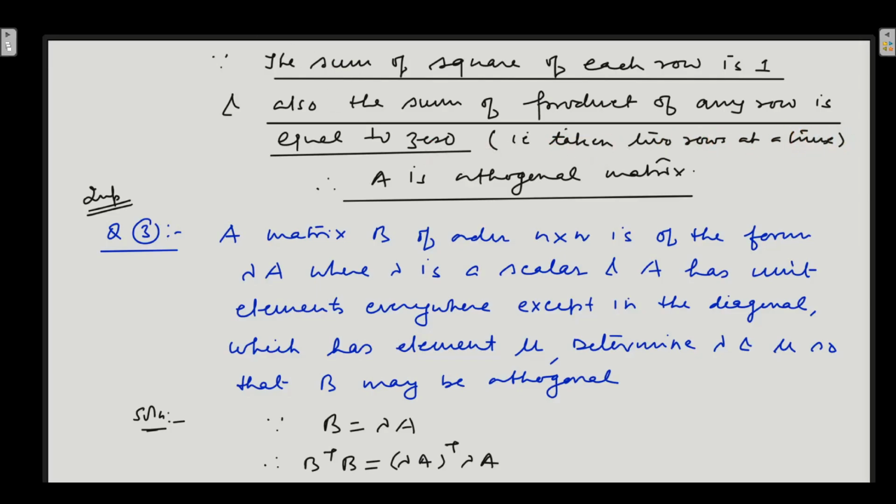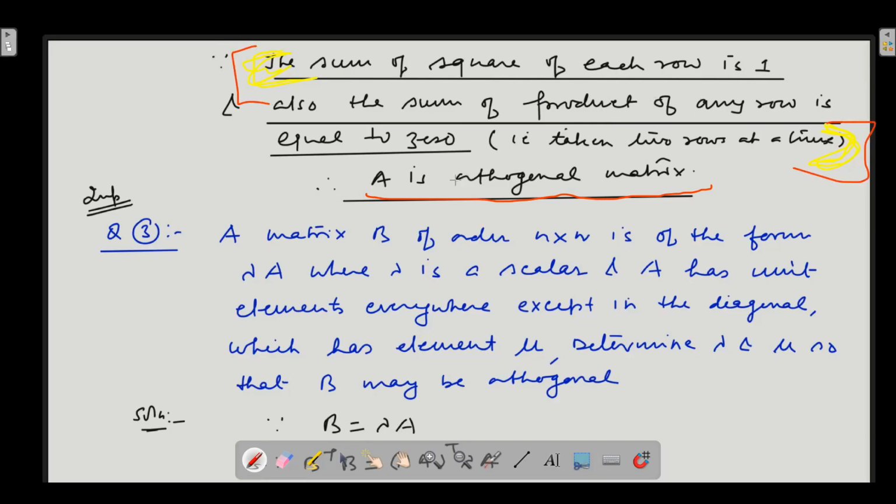So when this condition, which has been written from here till here, is satisfied, then the matrix is orthogonal. So A is an orthogonal matrix, therefore, because it is satisfying this particular condition.